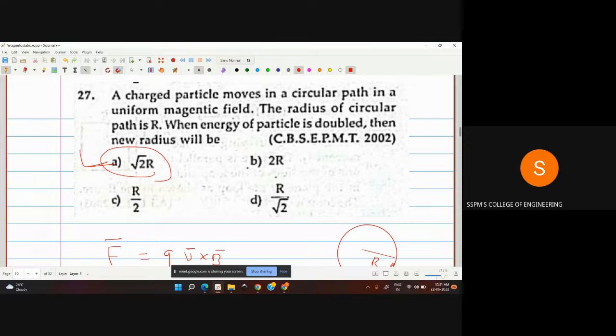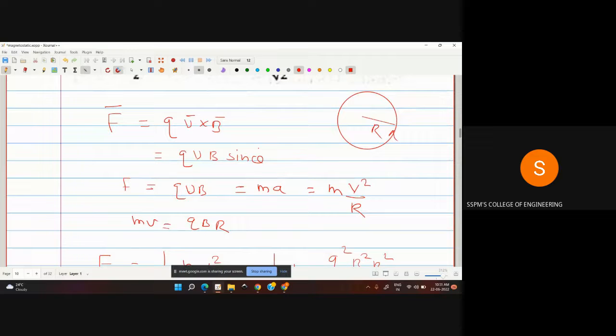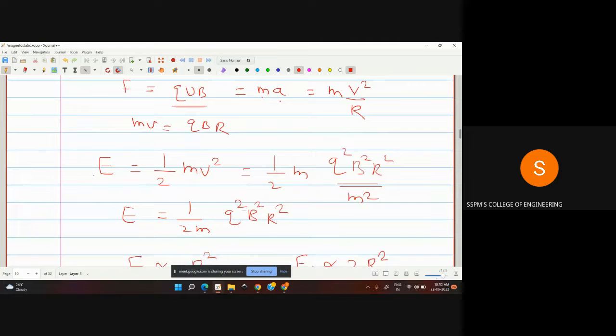कळलं का आपल्याला? काय कुठले इक्वेशन लक्षात ठेवावं लागेल बघा. मॅग्नेटिक फोर्स इक्वेशन q into v into b. त्यानंतर फोर्स तुम्हाला माहित आहे, mass into acceleration is equal to m v square divided by r, and mass into velocity is q b r, and kinetic energy or magnetic energy is half mv square.